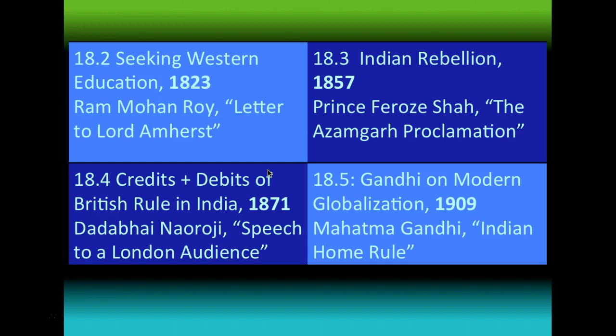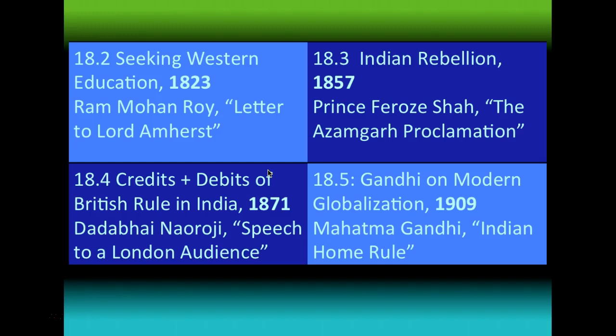You got rid of sati, which is the practice of a wife burning herself on her husband's funeral pyre if her husband were to die, and a lot of other great things that the British provide for the Indians in India. However, he also lists a great deal of debits, things that the Indians have not received that they have been promised by the British, like equal job opportunities, for example.